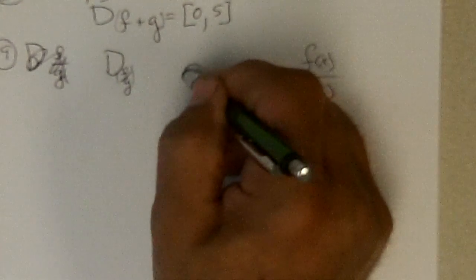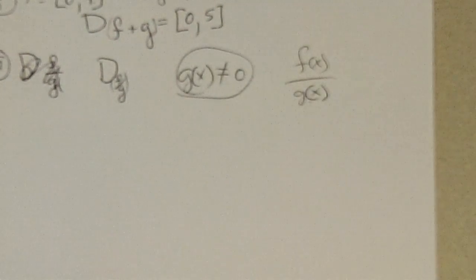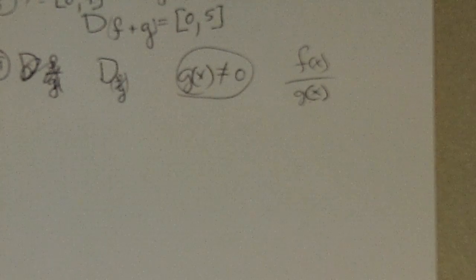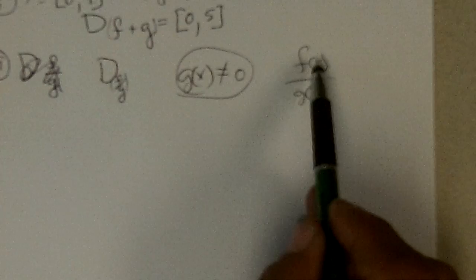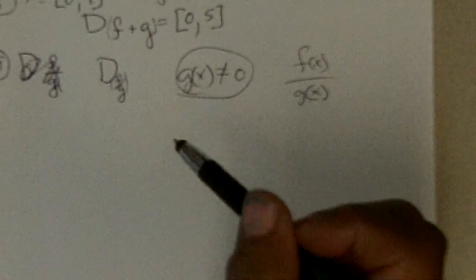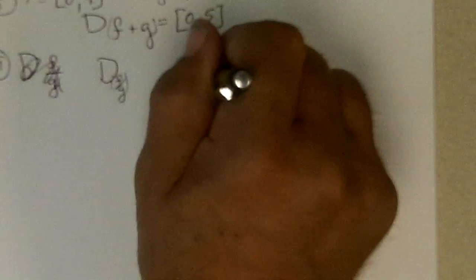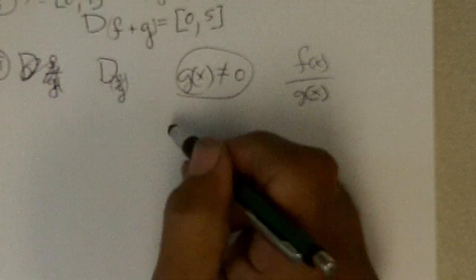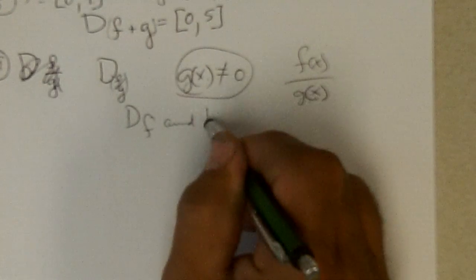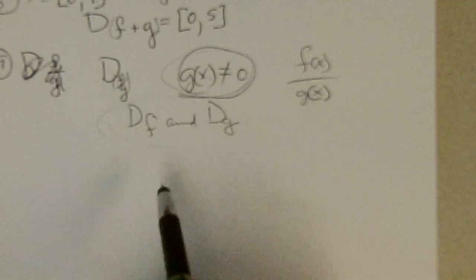So they want you to say g of x cannot equal 0, and the numbers also have to be able to go into f and into g. So the domain is numbers that you can use in both except the one that might cause 0 for g. So the domain of f and domain of g. That's what they wanted you to put in there. This in the first blank, this for the other two blanks.